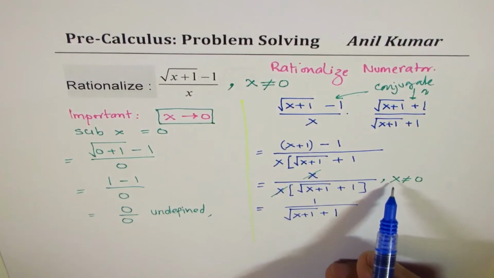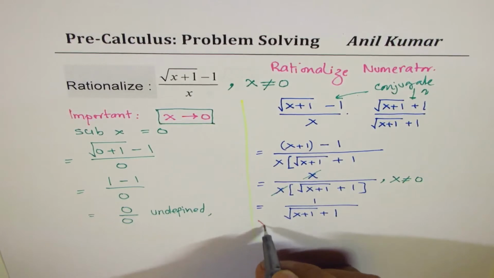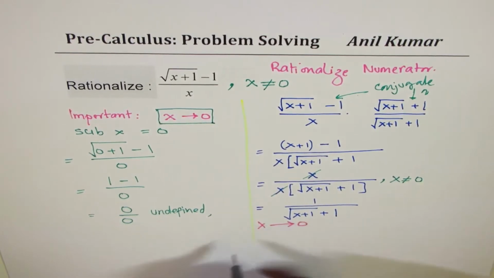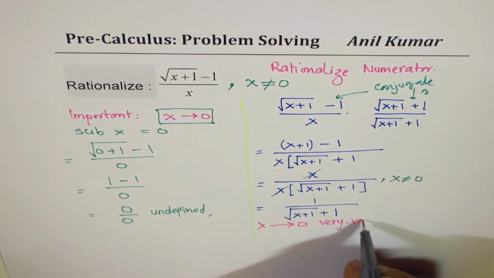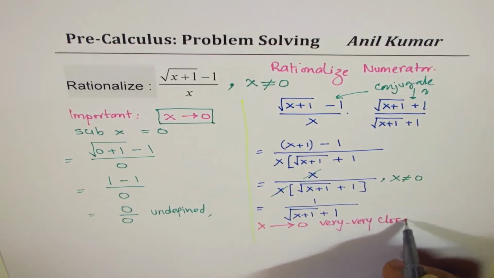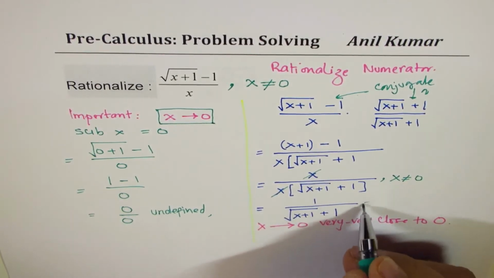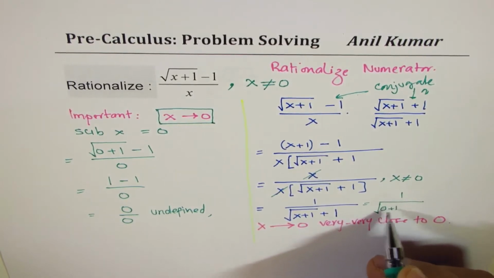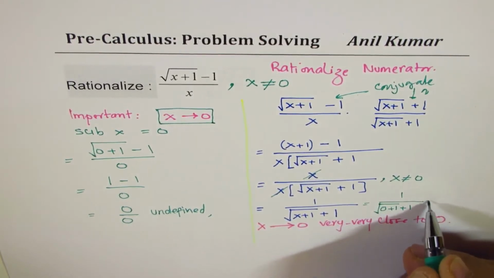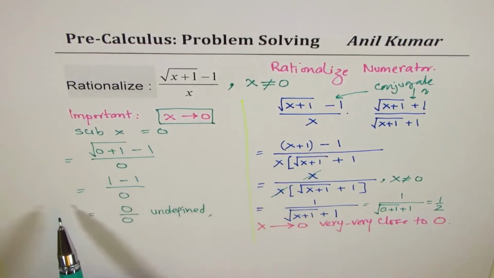Well, we cannot equate x to 0, but what happens when x approaches 0? When x is very, very close to 0, then what happens? Let's substitute and check, right? So what really happens is it becomes 1 over 0 plus 1 plus 1, which is half. So we get the answer to our question.